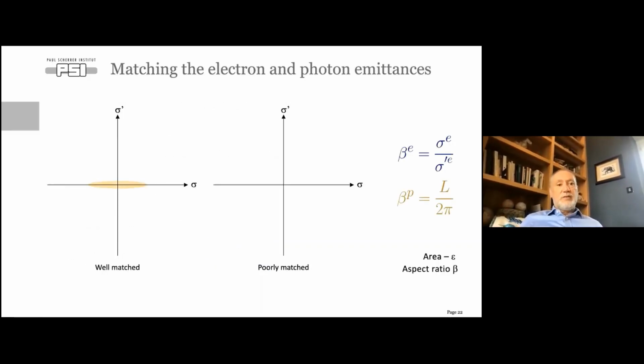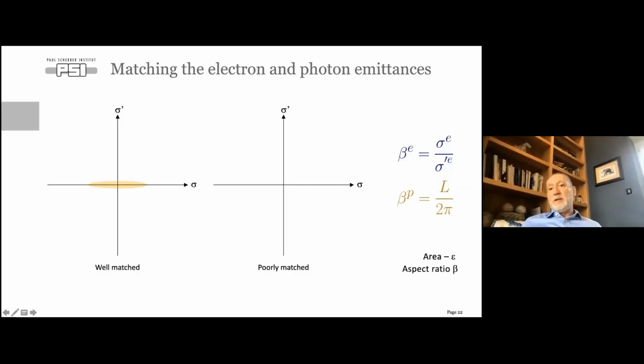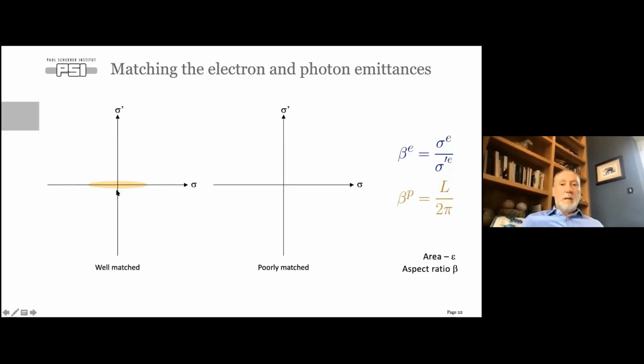If we consider, for example, the photon emittance, which, as I've said, is a fixed parameter, for a given undulator length, the ratio of sigma prime to sigma, in other words, the aspect ratio of this ellipse, is fixed. But, as I said, the electron emittance isn't. But if we make the electron emittance have the same aspect ratio as that of the photon emittance, then we have a well-matched facility, or well-matched source.